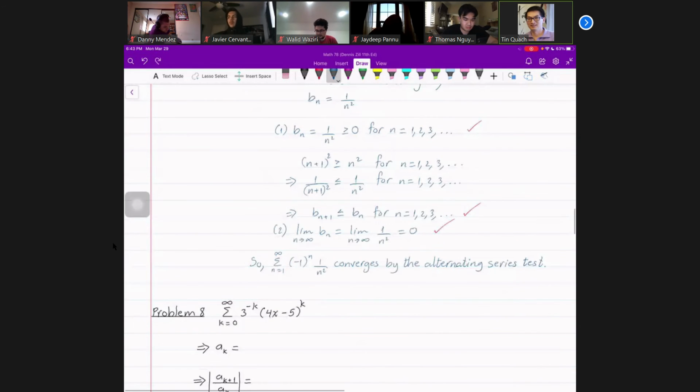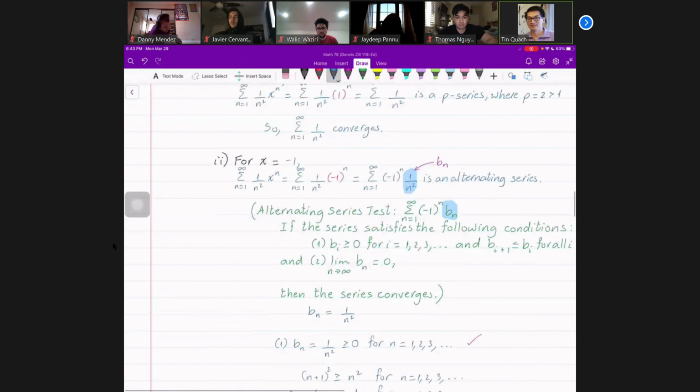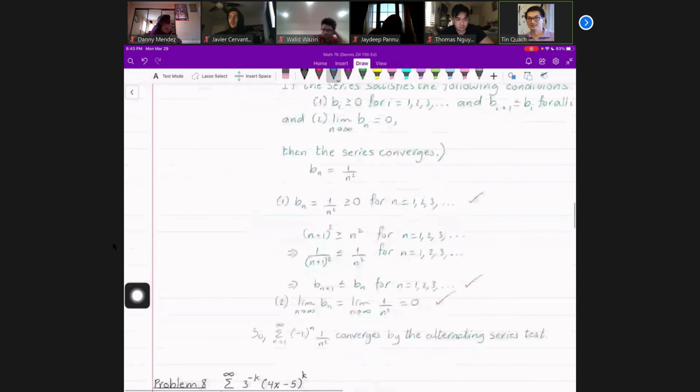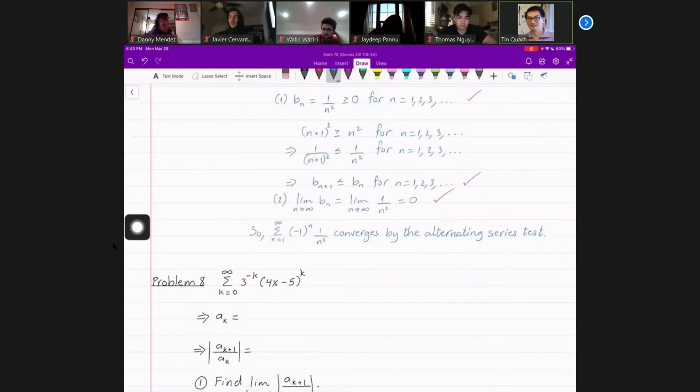Okay, so now you see that when x is equal to 1, the series converges. When x is equal to -1, the series also converges, right? So what is the interval of convergence?